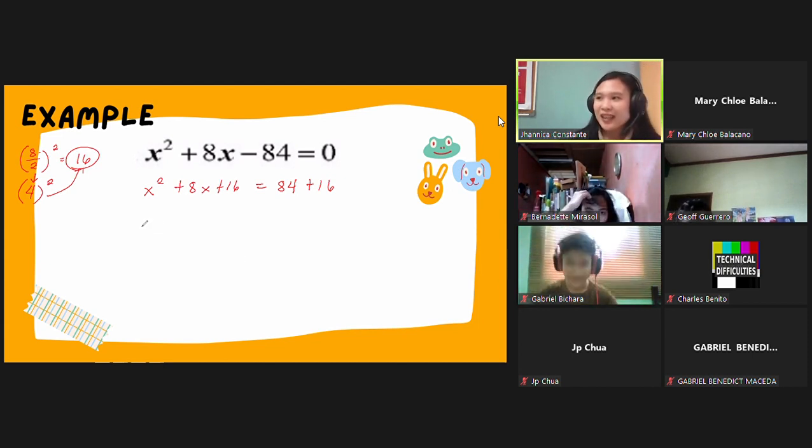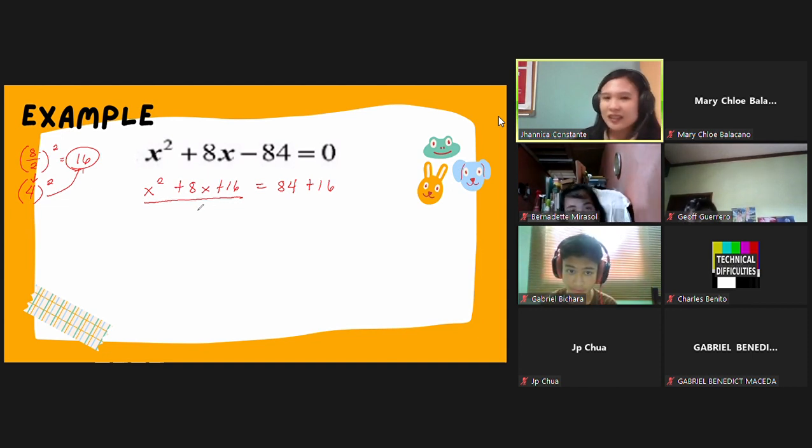After adding to both sides of the equation, factor this side of your equation. What is the factor of x² plus 8x plus 16?